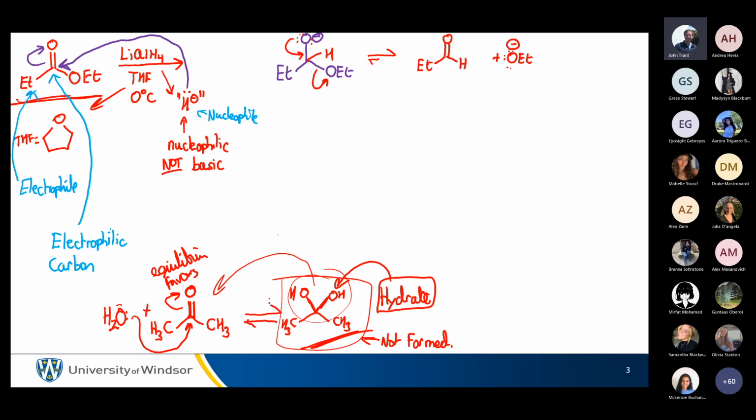Now, it could have picked any of those things to break, right? It could have lost O minus ethyl. In brackets, though, let's consider the other things we could have lost. We could have lost H minus, which is kind of where we started. That just takes us all the way back to the beginning. Or we could have lost an ethyl minus.